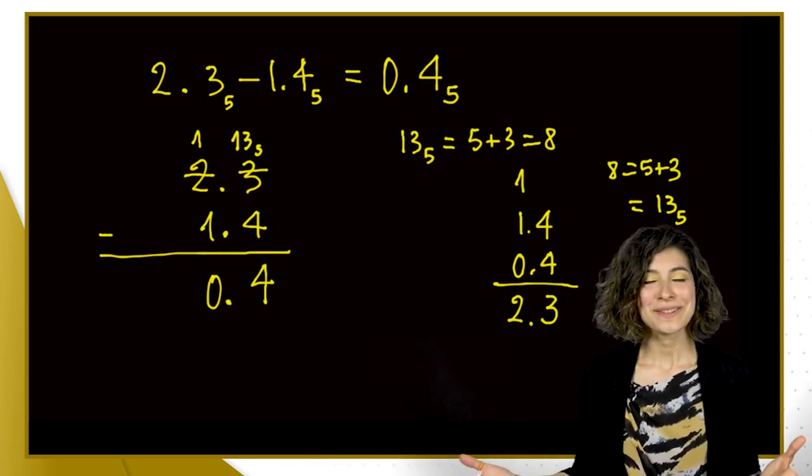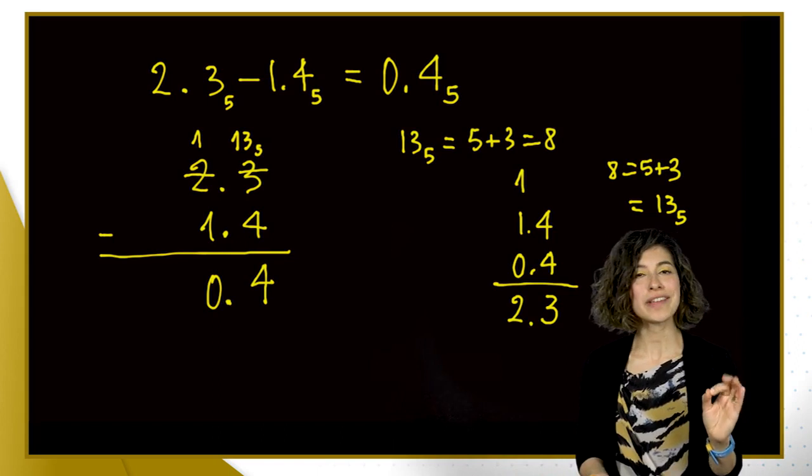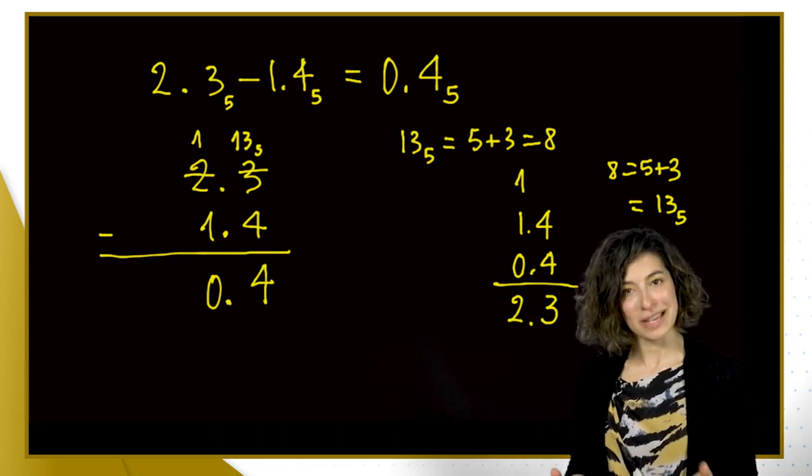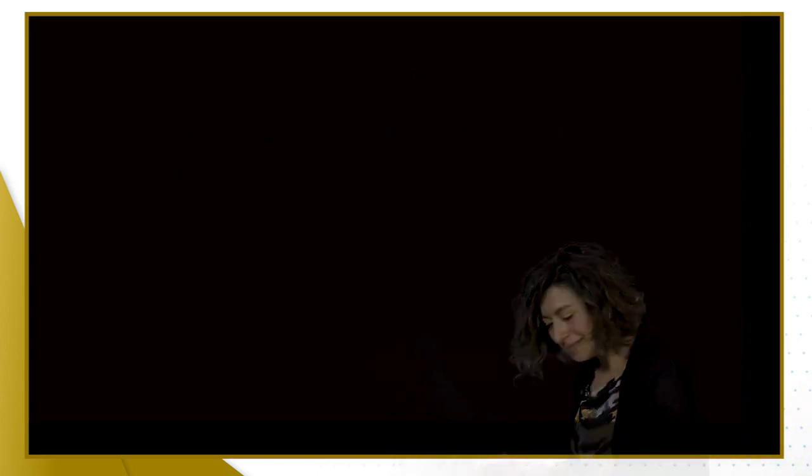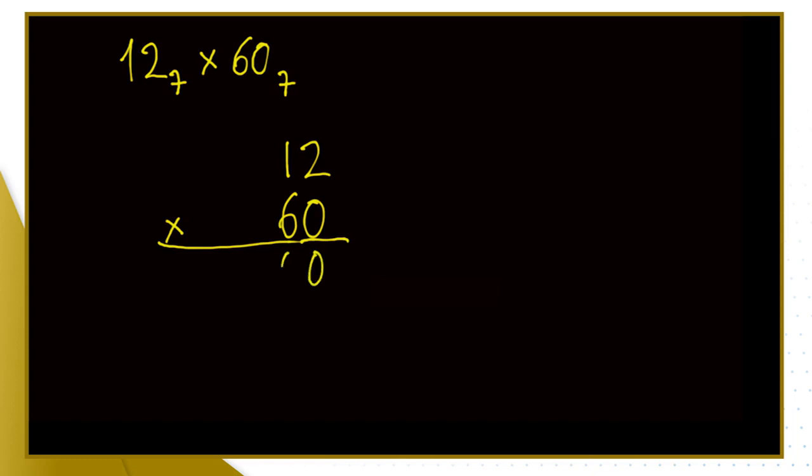And that's correct. Now let's look at one more example, multiplication in base 7. 12 base 7 times 60 base 7. Let's do it. 12, 60. 0 times 2 is 0. 0 times 1 is 0.